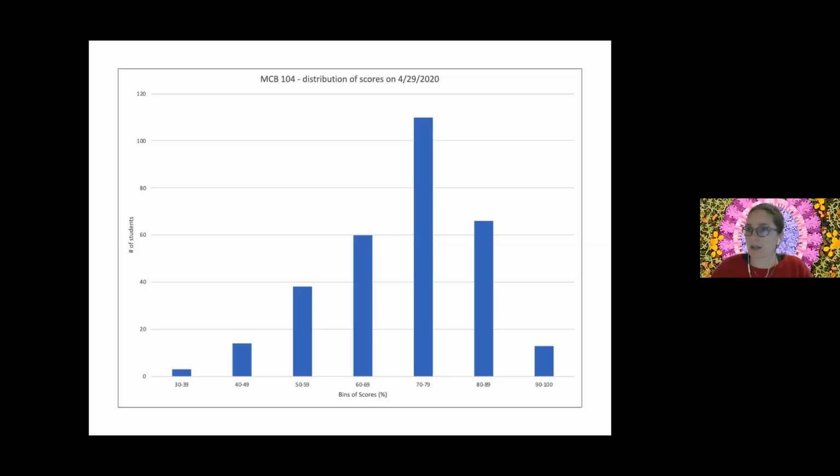But in light of the unusual challenges of this year, we expect that the curve will be far more generous than it has been in the past. I can't give you any specifics about what these particular scores will equal in terms of grades at this point, but the main thing is just to give you the opportunity to see where you sit on the curve.